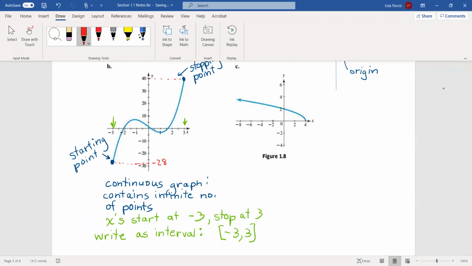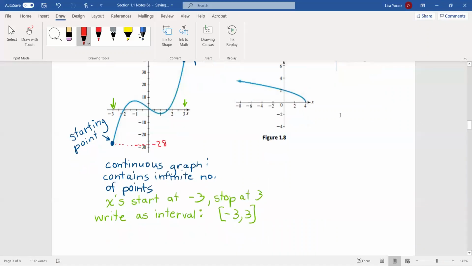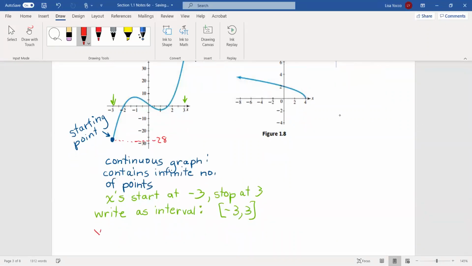So they stop at 40. All right. So we'll say the y's start at negative 28 and stop at 40. And I'm going to write that as an interval.